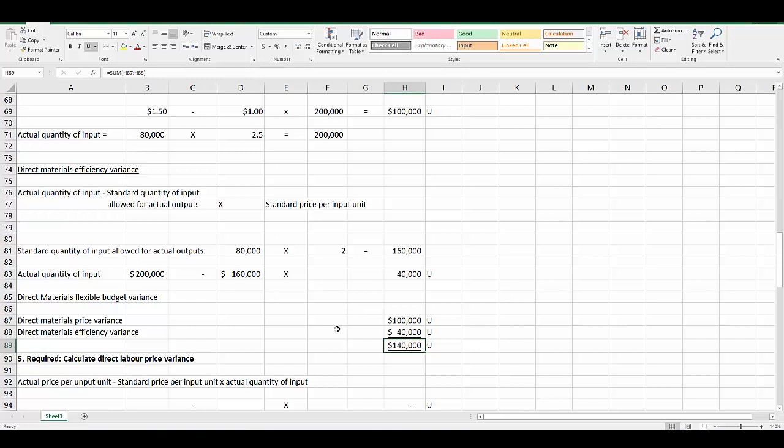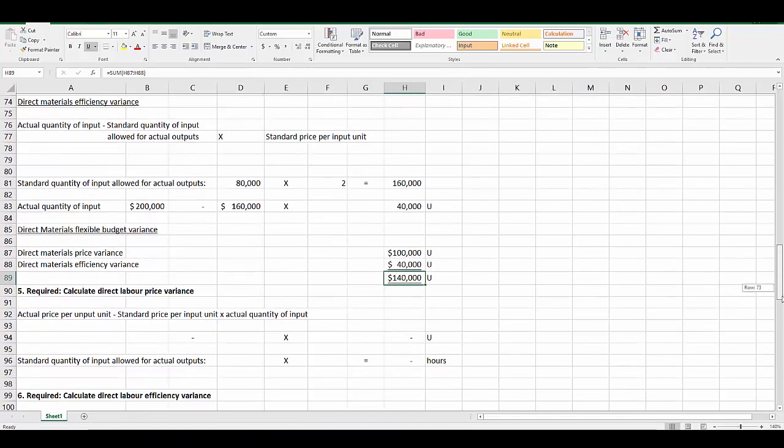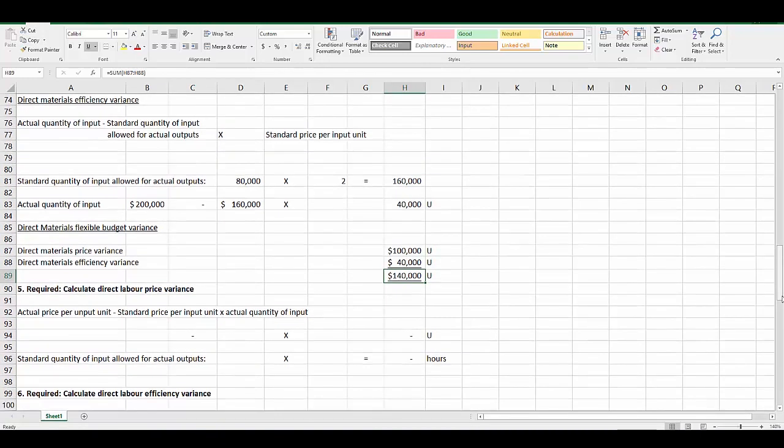Okay, so the next thing we're going to look at is our direct labor. So, as you will recall from the information you were given, we know what we should have spent on direct labor. So the first thing we want to do is find out how many hours we should have used given that we produced 80,000 units.